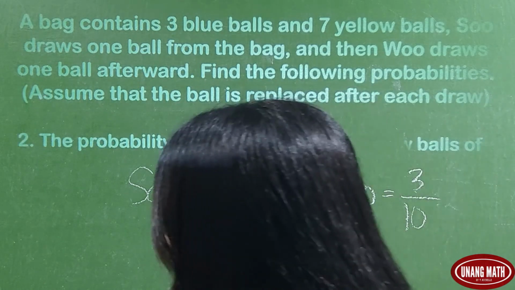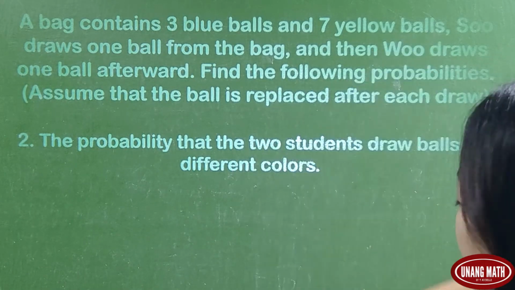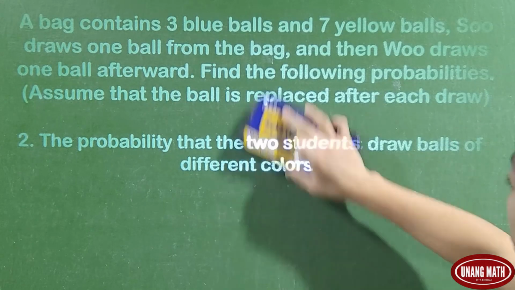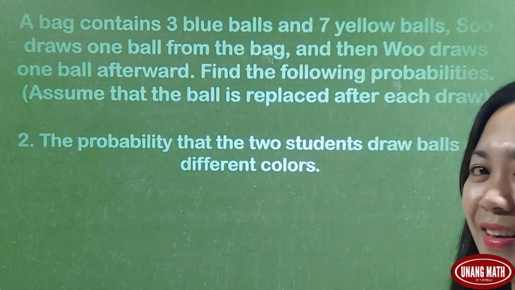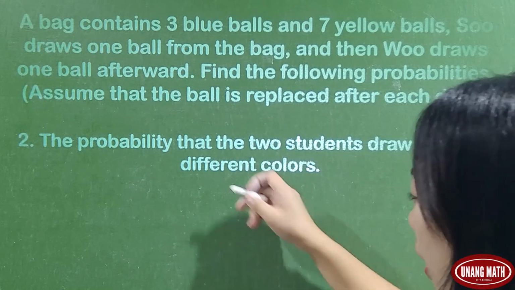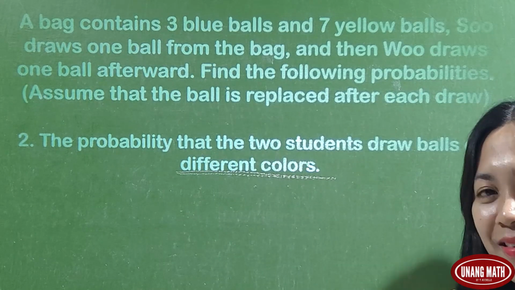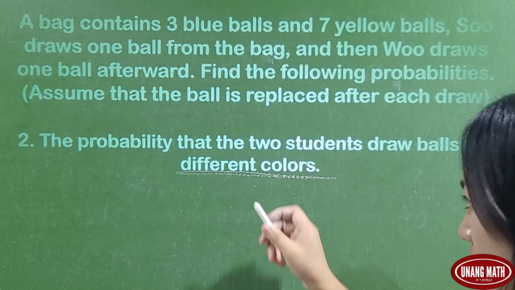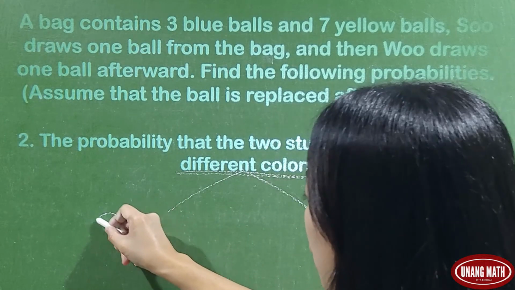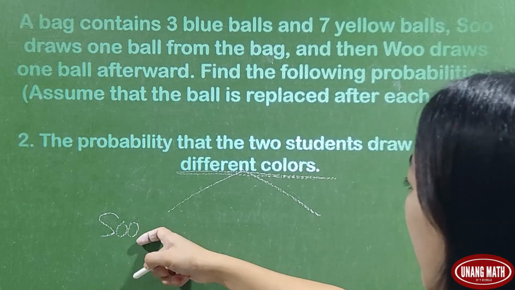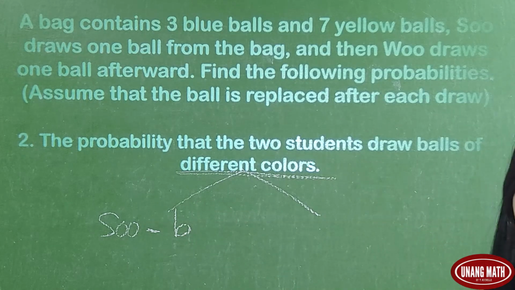Okay, for the second question, let's find the probability that the 2 students draw balls of different colors. Okay, the meaning here of different colors has 2 ways. First, for Sue, he can have a blue ball.